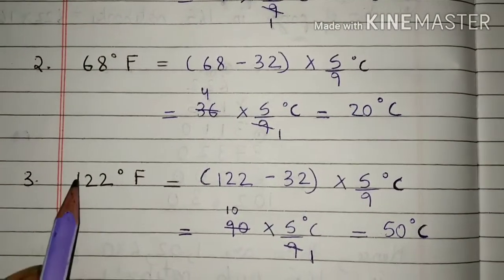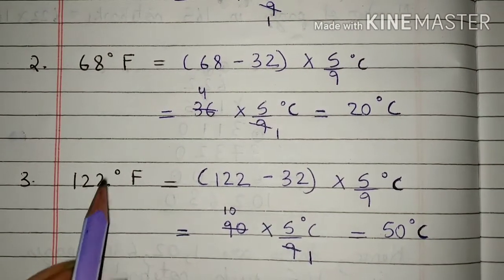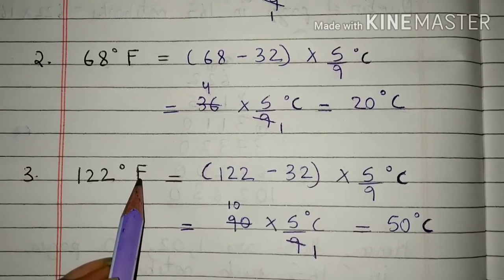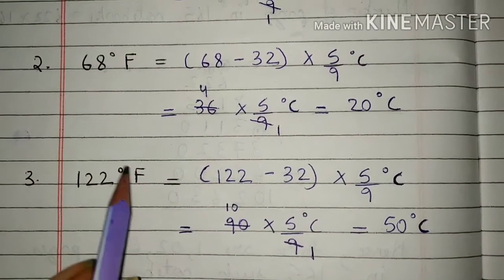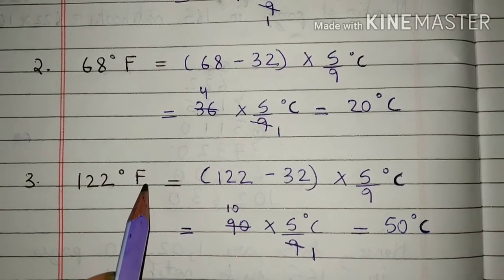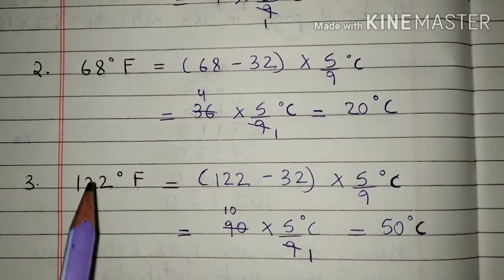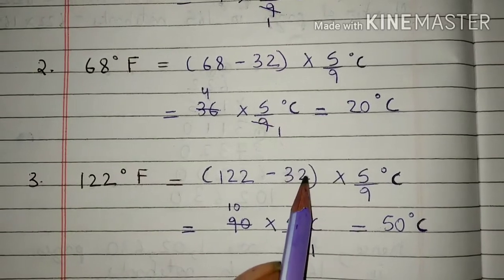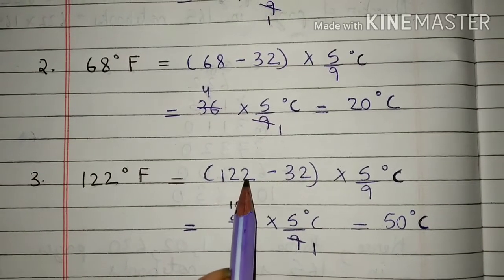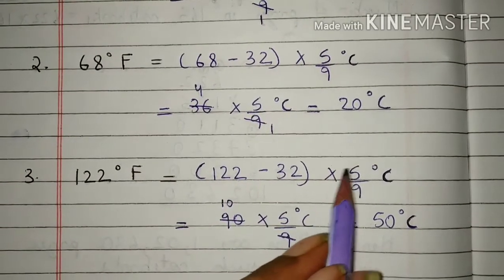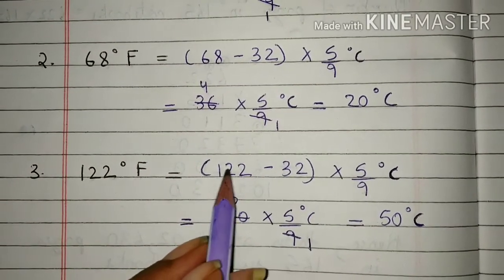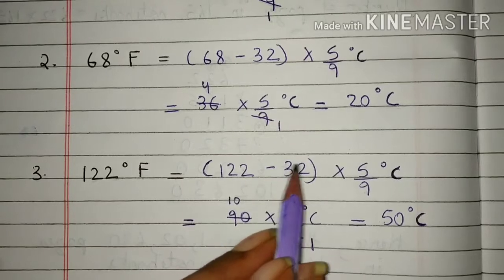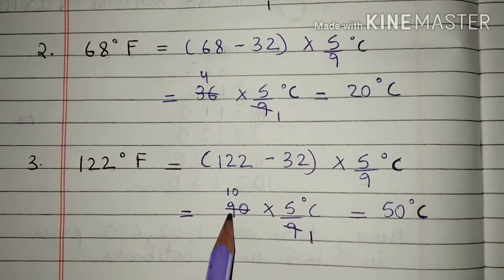Third question, 122 degree Fahrenheit. Students, we have to change 122 degree Fahrenheit into Celsius scale. So first we will subtract 32 from 122 and then multiply by 5 by 9. Students, 122 minus 32 will give 90.